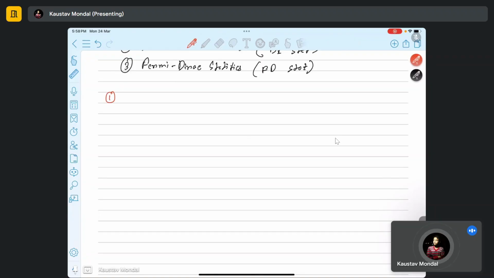Question number 1 is: consider a very simple gas of identical particles.